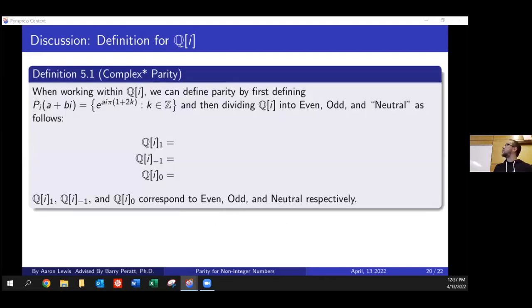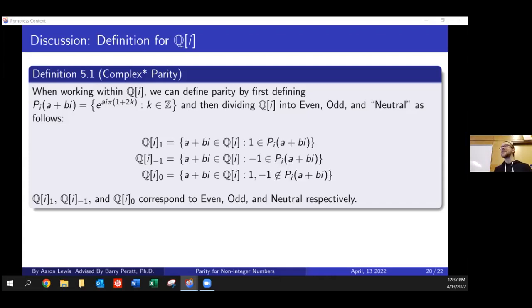And we can make a definition that looks suspiciously like our definition for the rational numbers, just with the I next to all the Q's and the I next to the P for the sets, but essentially it is the same thing. And you will actually get the same result for the complex numbers as you would if you just took the real part of the complex number.